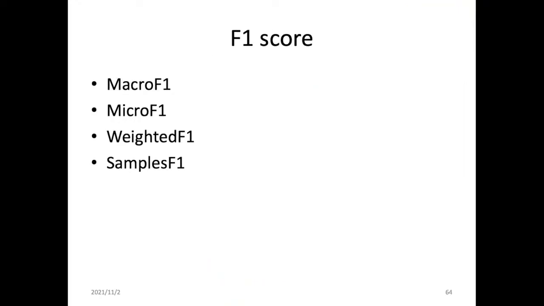Now we talk about F1 score, and we will talk about 4 different kinds of F1 scores: macro F1, micro F1, weighted F1, and simple F1. Macro F1 in fact has 2 different variations.